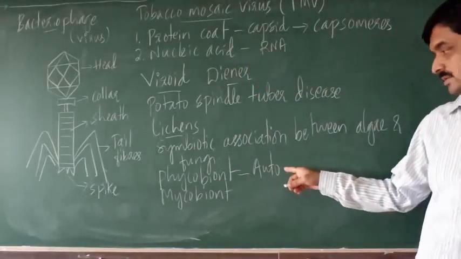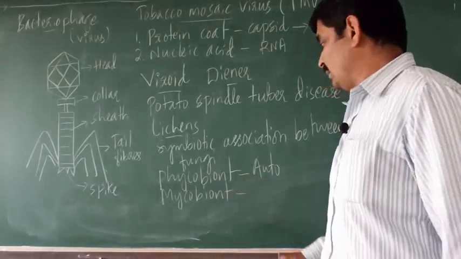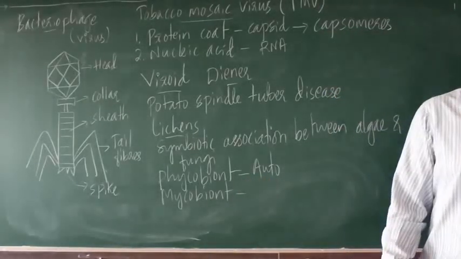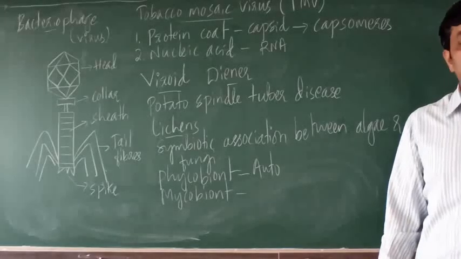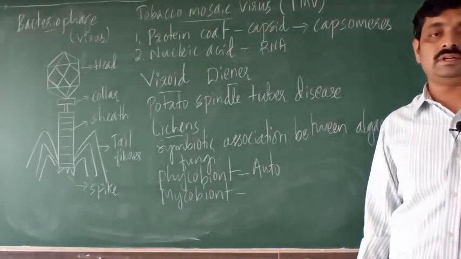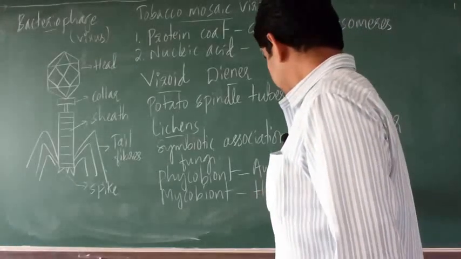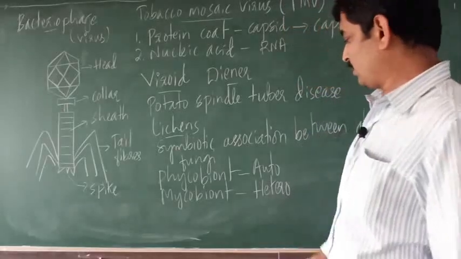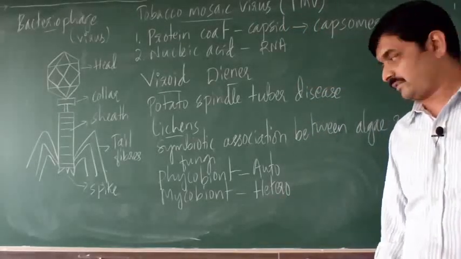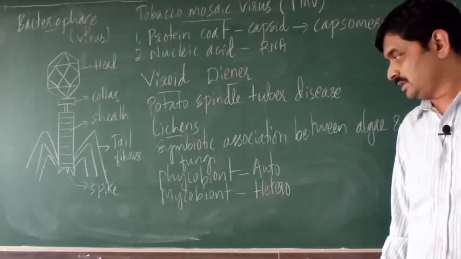Now this phycobiont, that is the algal part, is autotrophic. It can synthesize food by photosynthesis. Whereas the mycobiont, the fungal part, cannot synthesize food. It is heterotrophic. It depends on the algal part for food.